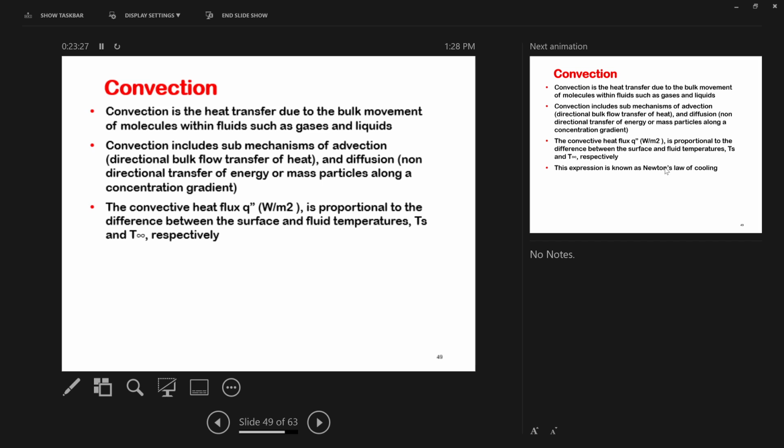But the convective heat transfer coefficient, or H, is not necessarily a material property, but it depends on a lot of things. It depends on the temperature difference. It depends also on the material. It depends on your geometry. It depends on the type of fluid. It depends on a lot of different things, right? So it is definitely not a material property.